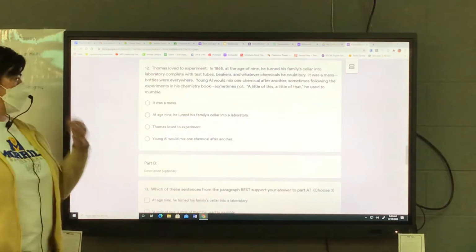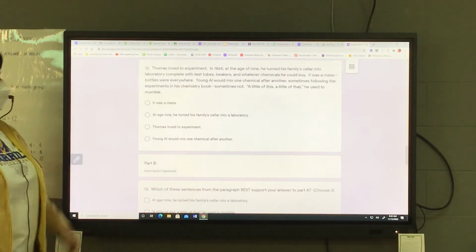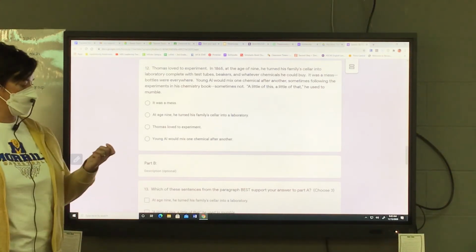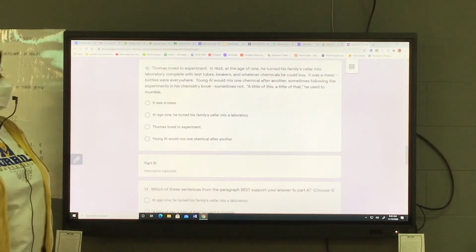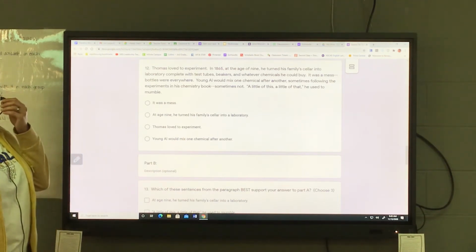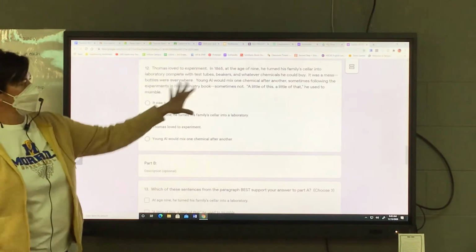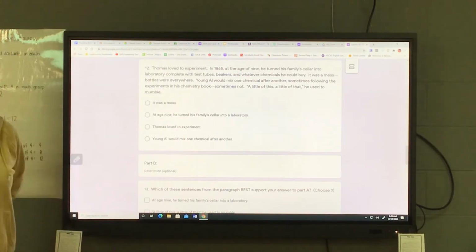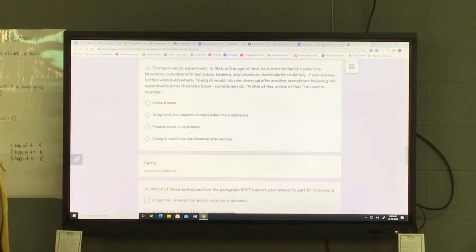Young Al would mix one chemical after another, sometimes following the experiments in his chemistry book, sometimes not. A little of this, a little of that, he used to mumble. So which one of these is the main idea of that paragraph? Choose the one.